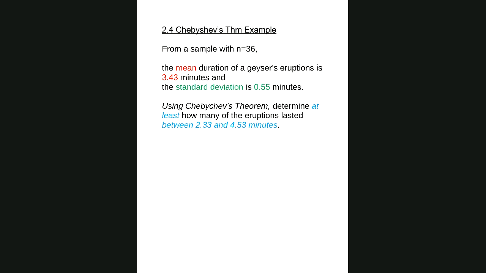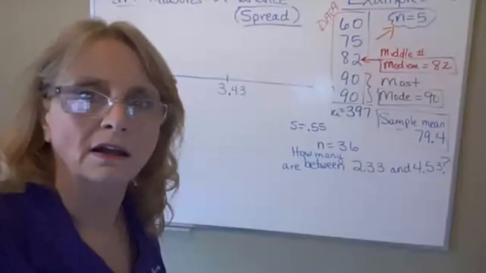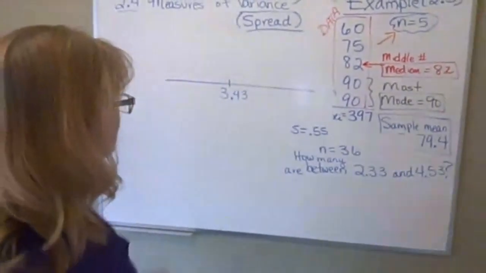Okay, so I'm going to unshare this, and they want to know at least how many of the eruptions are between 2.33 and 4.53. I'm just rewriting the problem. Let me unshare this so that on the recording, they'll be able to see.